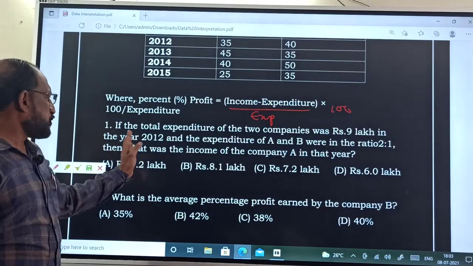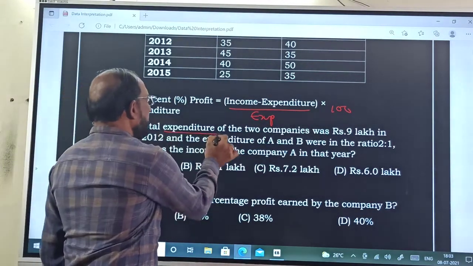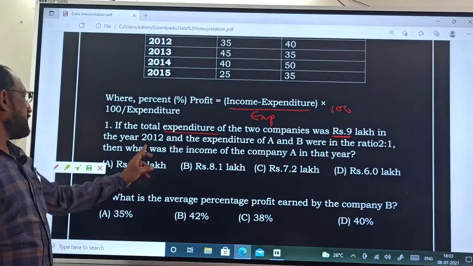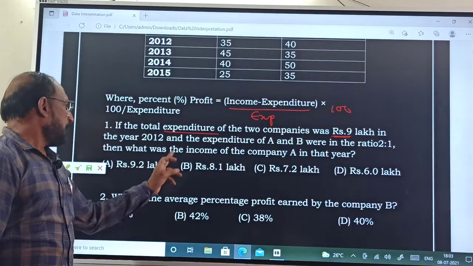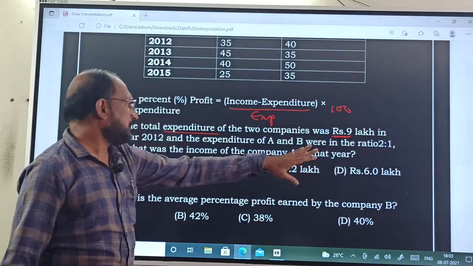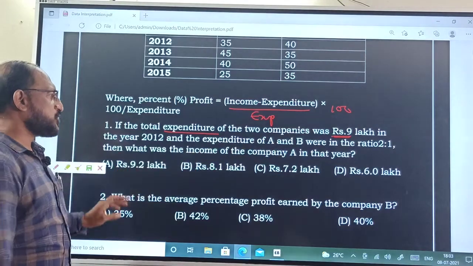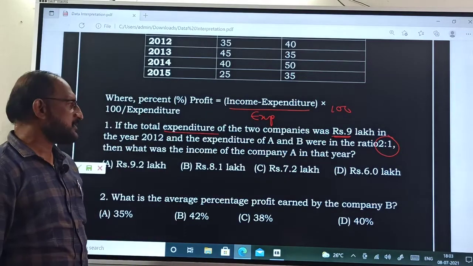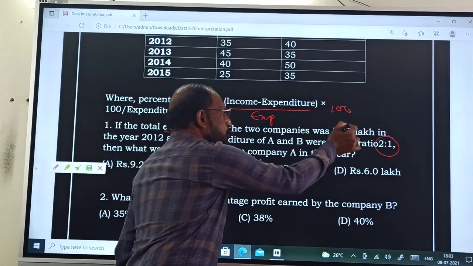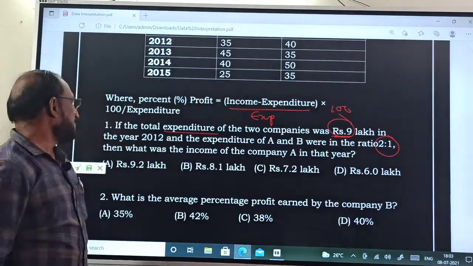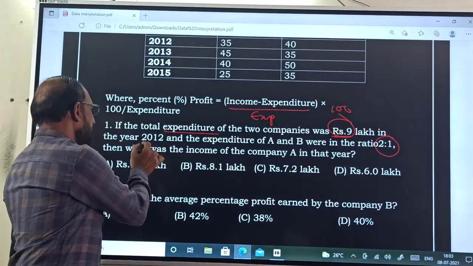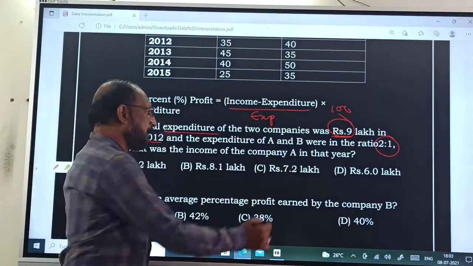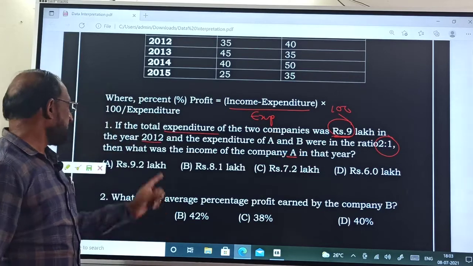See here, if the total expenditure of the two companies was 9 lakh in the year 2012, and the expenditure of A and B were in the ratio 2:1, then what was the income of company A in the year 2012?